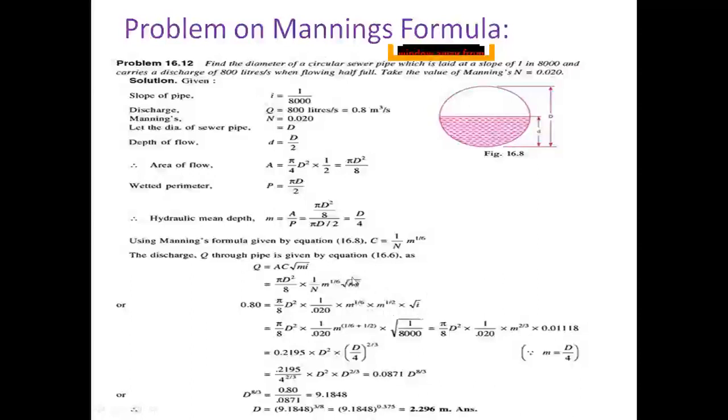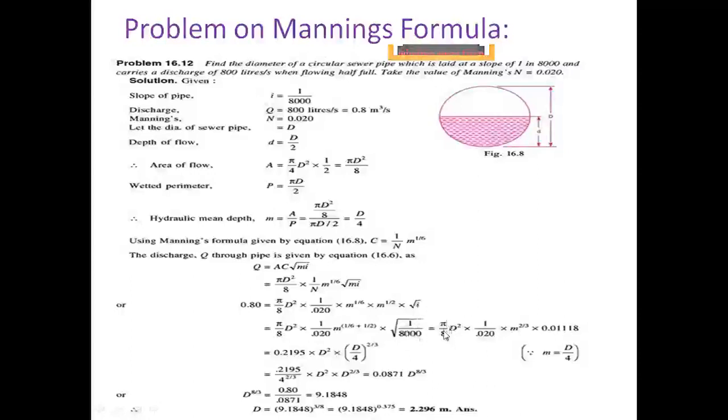Here the root is converted into m power 1 by 2 into root i. Pi by 8 capital D square into 1 by 0.020, m power 1 by 6 plus 1 by 2, root of i, where i is given as 1 by 8,000.